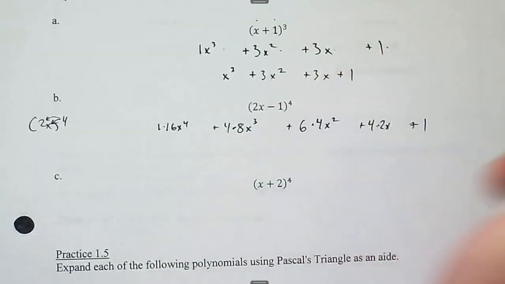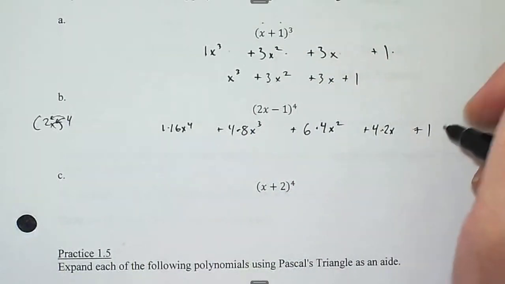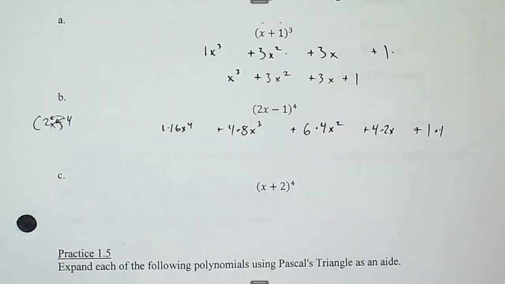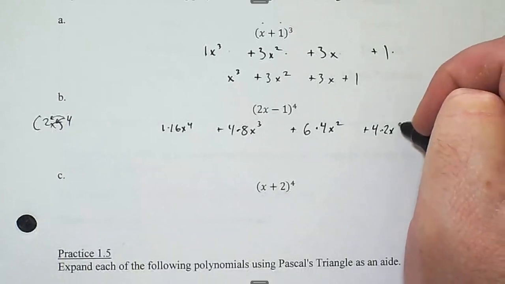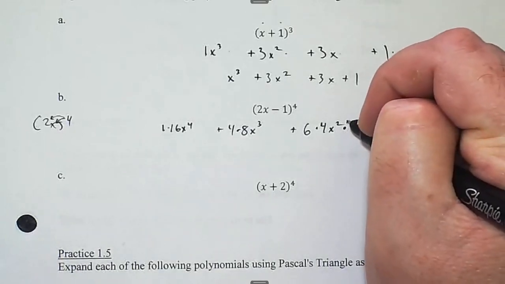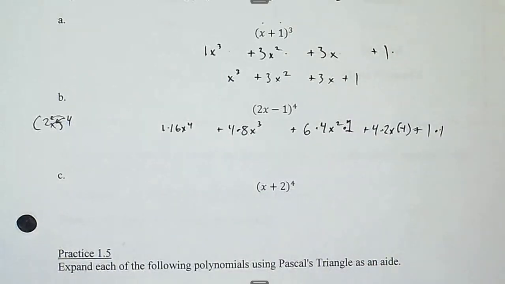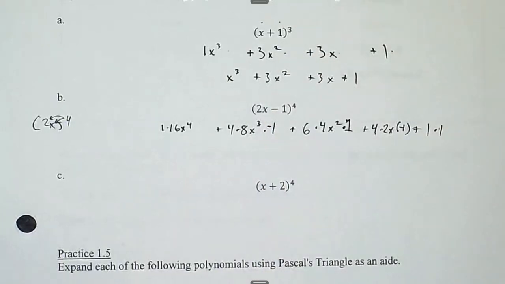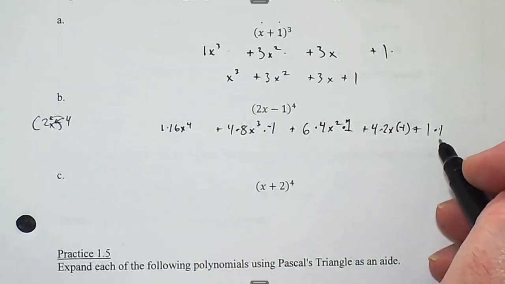All right, now we got to do the negative 1. So over here, we start on the right. Negative 1 to the fourth is a positive 1. Then negative 1 to the first is a negative 1 because it's an odd exponent. Oh, I'm sorry, I did it in the wrong order, I said it backwards.